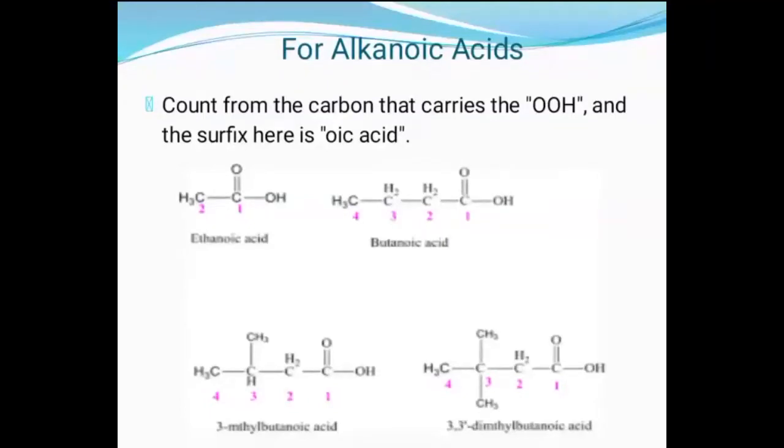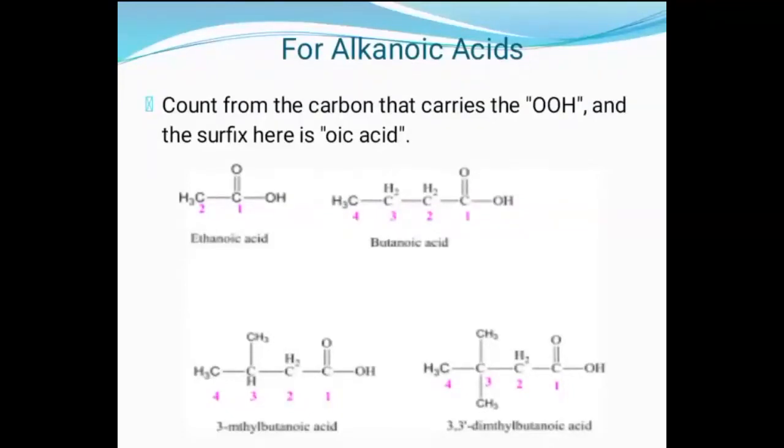The second one has 4 carbons, and if you look at the 4 carbons, you will see that carbon number 1 is the one that carries the COOH. That is where the carbon that carries the COOH assumes the number 1 position. And because we have 4 carbon atoms here, it is named butanoic acid.